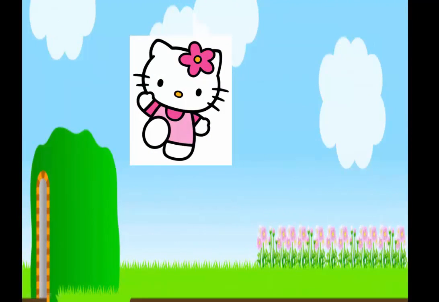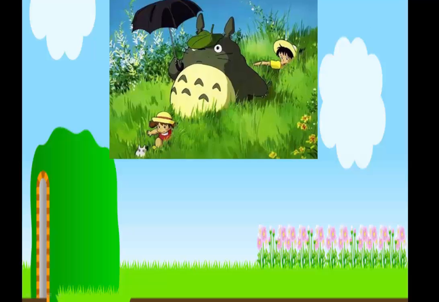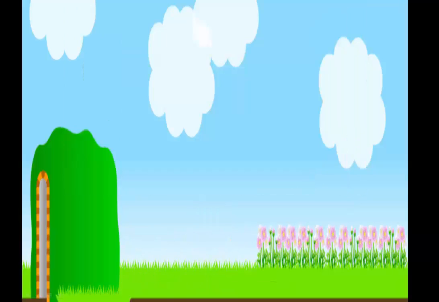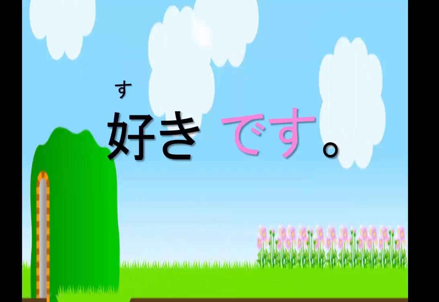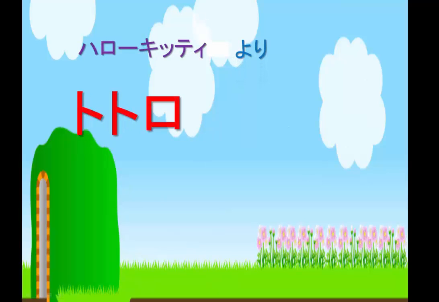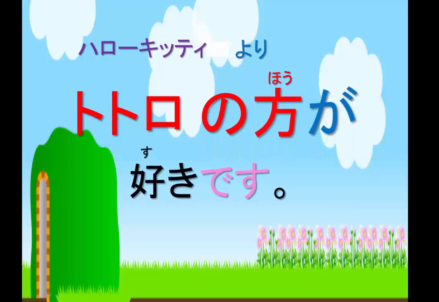Okay, Hello Kitty. Now we like Hello Kitty less than Totoro, so we're going to put yori after Hello Kitty. That's the one that's lower. So Hello Kitty yori Totoro, that's the one we like. No ho ga suki desu. Put it together and we get Hello Kitty yori Totoro no ho ga suki desu.